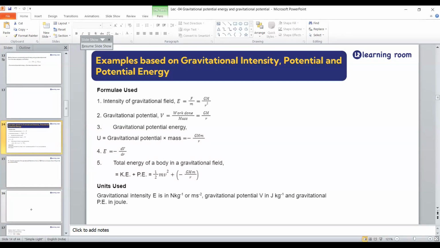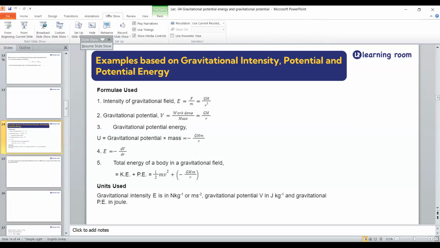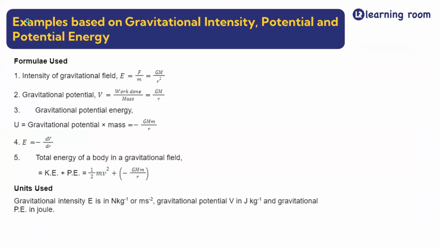Okay. So these are all the formulae. I'll explain one by one. Listen to them. I explained one term called gravitational field. You remember last class we discussed gravitational field. For every gravitational field, there is an intensity associated with it, which is called the intensity of gravitational field.